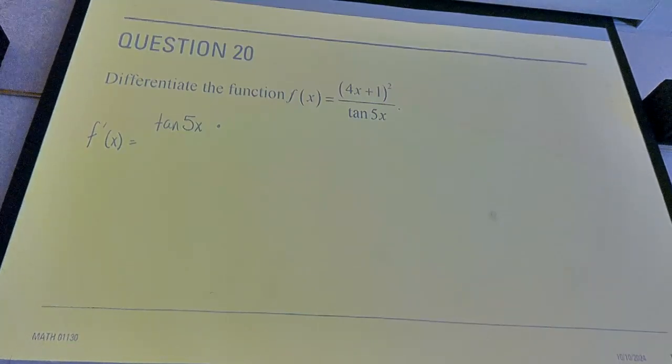Derivative of the top: eight times 4x plus 1. Derivative of the bottom: secant squared of 5x times 5, or 5 secant squared 5x.